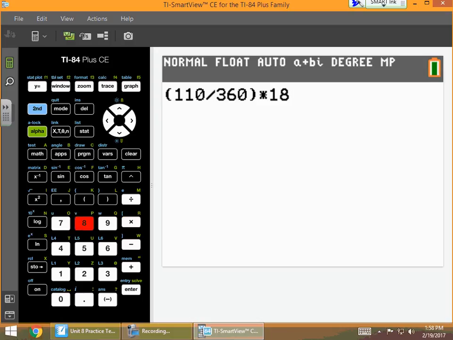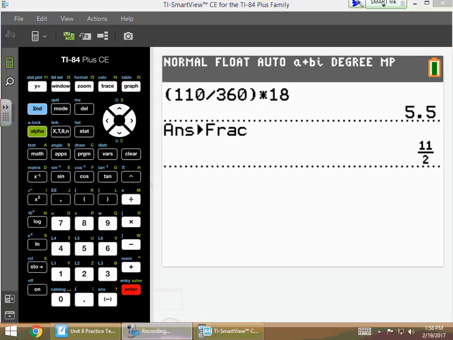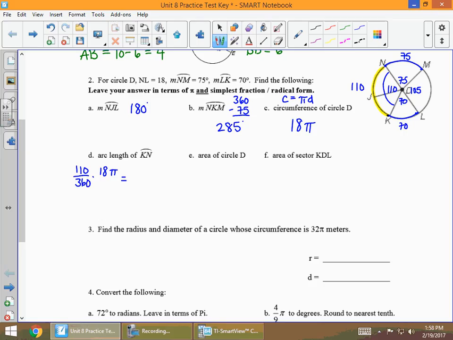I'm going to leave pi out for just a second. I see 5.5. Let me turn that into a fraction. Math, enter, enter. So 11 over 2. So this is 11 pi over 2. That is the length of arc KN.